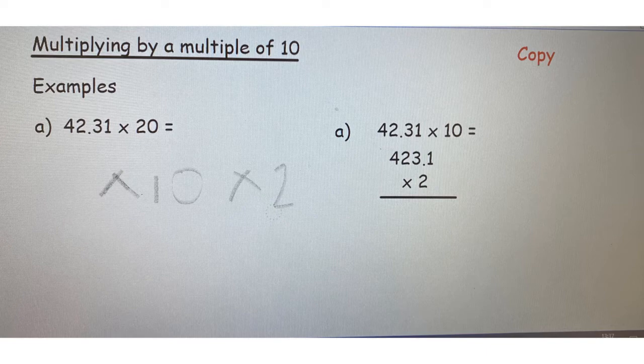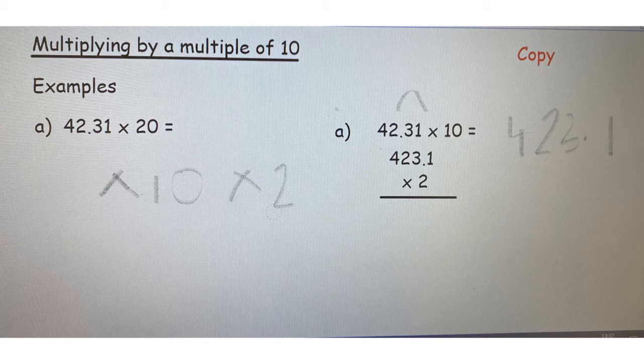So in your jotter, you're going to write over at the other side here, 42.31 times by 10 is the same as 423.1 times by 2. Okay, so I've multiplied the 42.31 by 10, so the decimal point has jumped over one place, and I've got 423.1.